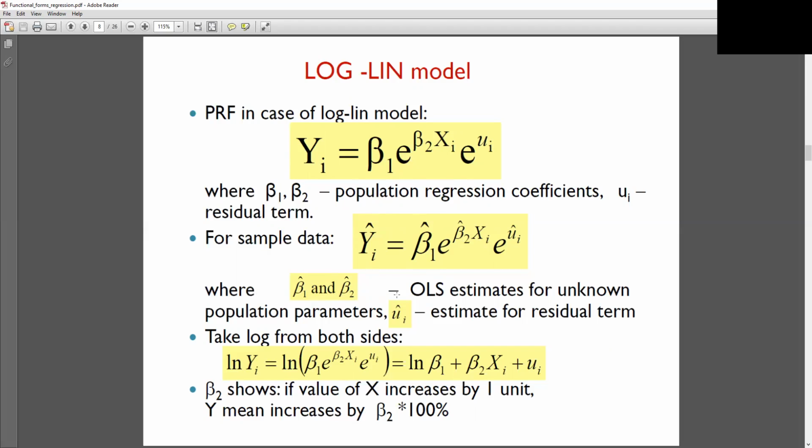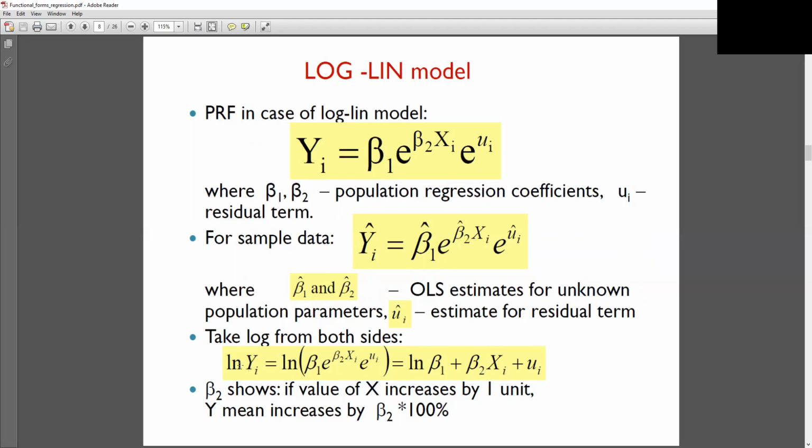If you take log on both sides, we have log y equal to log beta 1 plus beta 2 xi plus u. You see, in xi we don't have log. In the double log model, we had ln, that is log on y as well as log on x. Here we have log only on y and not on x.